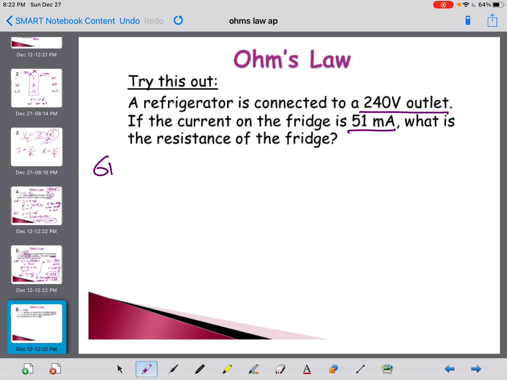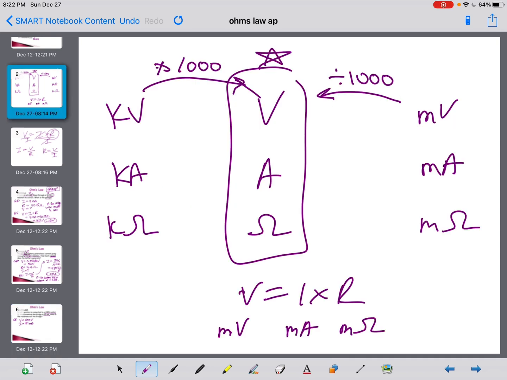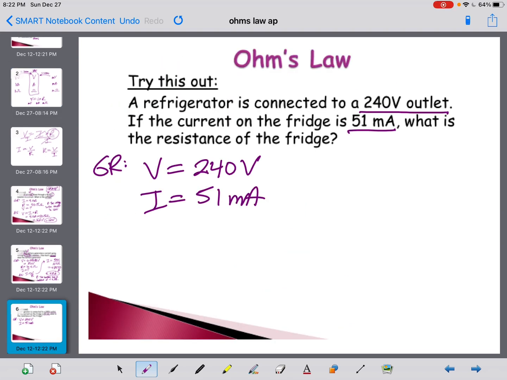Okay, so let's take a look. So we have the voltage, 240 volts, and we have the current, but it is not in the proper unit yet, 51 milliamps. So to go from milliamps to amps, we have to divide by 1,000, which will give us 0.051 amps.